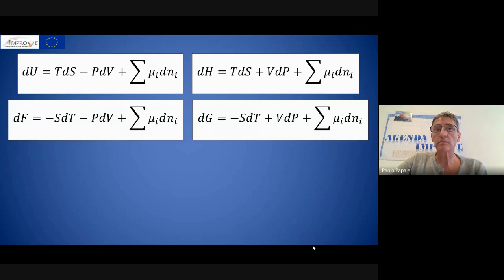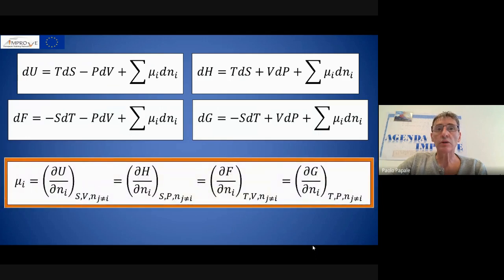In other words, if we add or subtract vanishing amounts of a component to a mixture, the chemical potential of that component tells us what the differential change in internal energy will be. If the component is added or subtracted at constant entropy and volume, the chemical potential tells us what the change in internal energy will be.